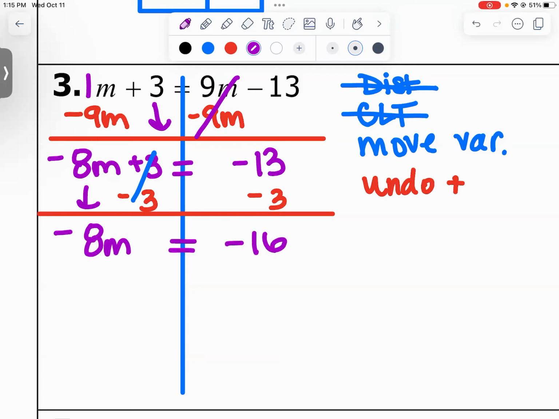Here is a mistake that I keep seeing. Can everybody look up here? What number is being multiplied to m? -8. Did you say a negative with that 8? So when we undo the multiplication and we divide, we better be dividing by the -8.